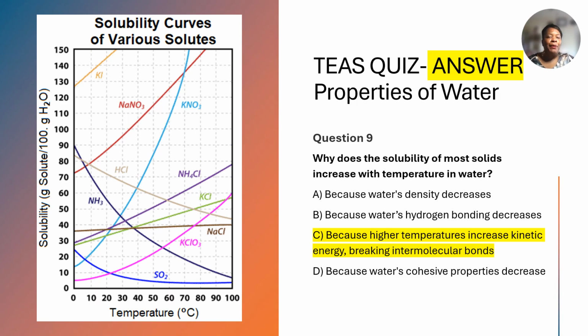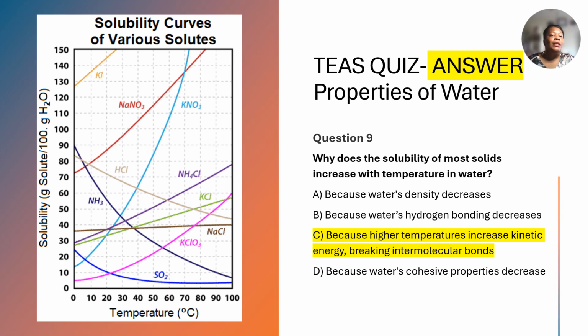And then for letter B, because water's hydrogen bonding decreases, again, that's also incorrect because hydrogen bonding between water molecules does decrease slightly with increasing temperature, but that is not the main factor affecting the solubility of solids. The increased kinetic energy and the disruption of solute-solute interactions plays a more significant role.